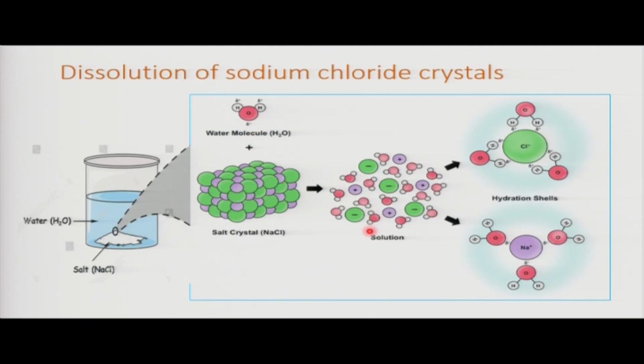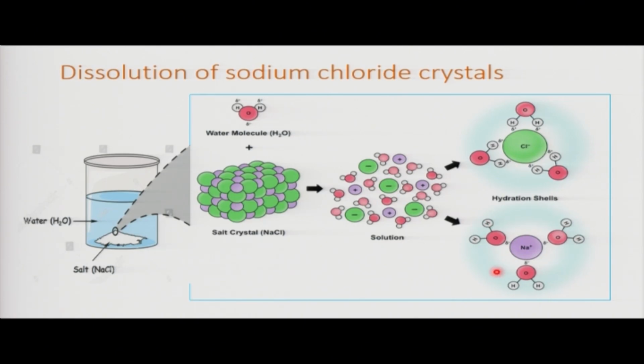So the sodium ion, having a whole complete positive charge, attracts the partial negative on oxygen in the water molecule. Then the chloride ion, having a negative charge, attracts the partial positive of hydrogen on the water molecule. So they get surrounded by water molecules, forming what we call the hydration shell.